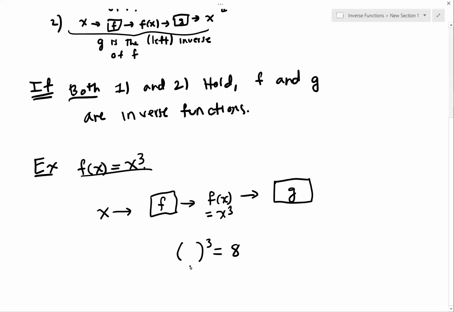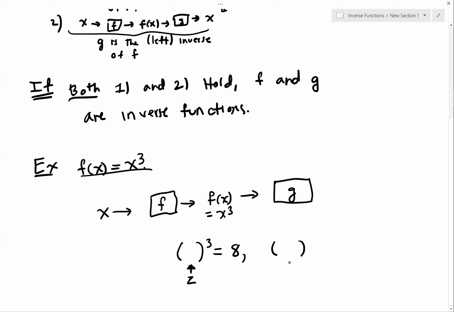Well, if you think a little bit, and you can pause this video and think about it, what can we multiply 3 copies of that gives 8? You might come to the realization that it's 2, because 2 times 2 times 2 gives 8. So I can undo the cube, and we can apply the same idea to a negative number.